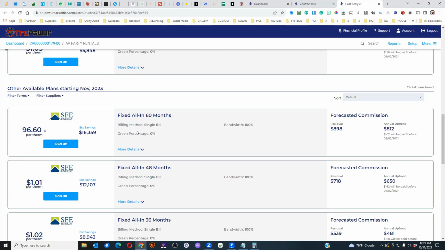It looks like on a 60-month term, we could lower that customer from $1.54 down to 96 cents. That's pretty decent. So that would save the customer $16,000 over a 5-year period, and create some really good residual or upfront commission.